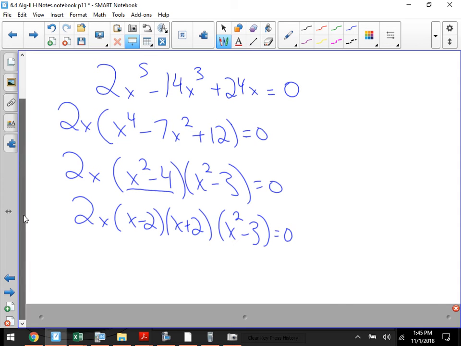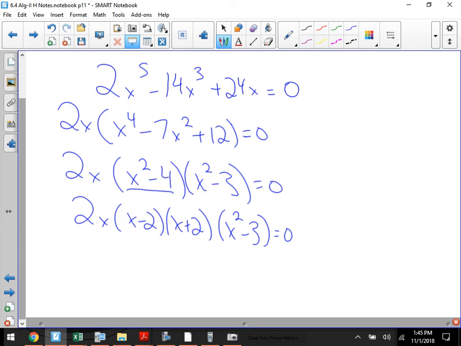All right. Where are your zeros? 0, okay. Good. Excellent. Remember, for each term, when you get each term, you can set each one of those equal to 0.